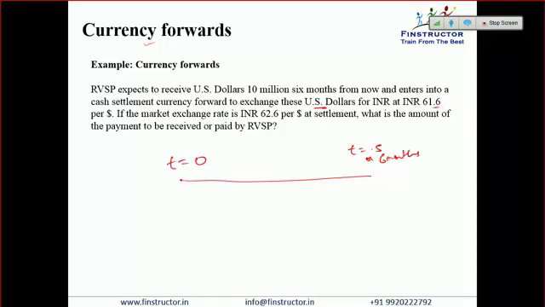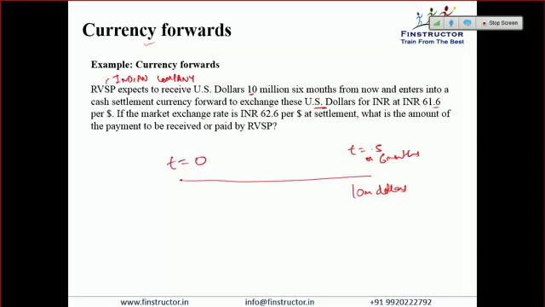Now understand what is happening. This RVSP probably is an Indian company. The Indian company has made a sale in the US and he's been guaranteed that 6 months later we will pay you $10 million. But in which currency do you think RVSP will be having its expenses?